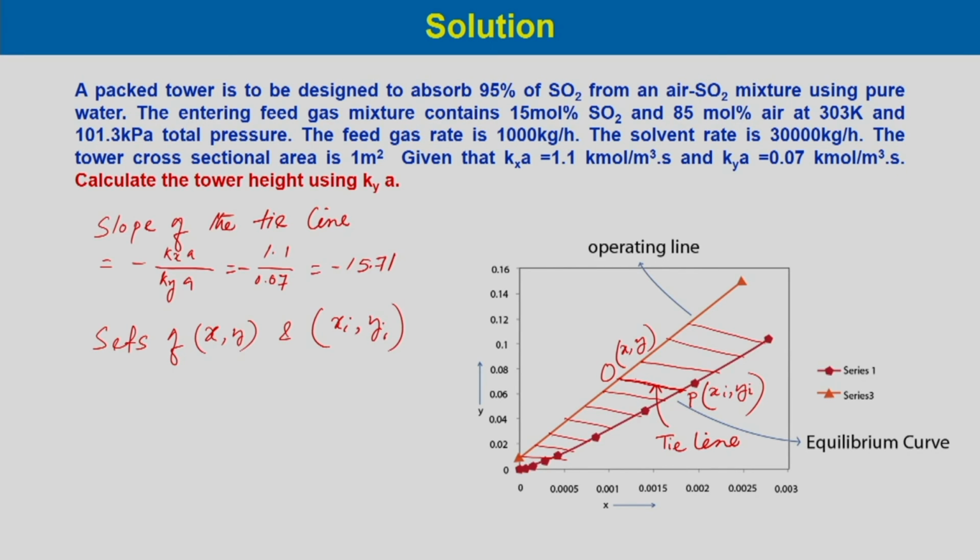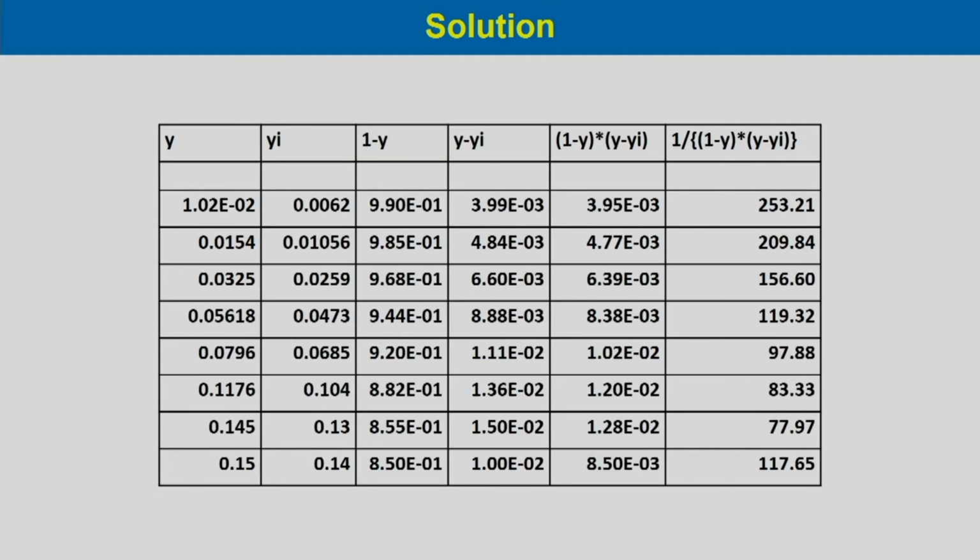Once these data are known, we can calculate the yi values and y values, and we can calculate 1 minus y, then y minus yi, then (1 minus y) into (y minus yi), and then 1 by (1 minus y) into (y minus yi). So, these values we can calculate, and once we know them, we can generate this table with the tie line values.